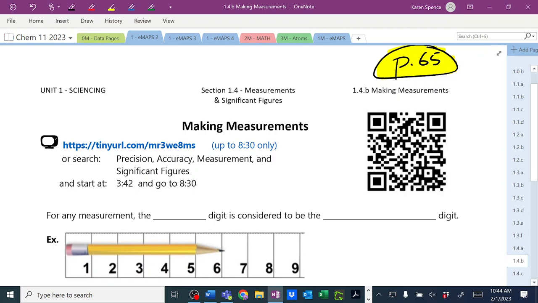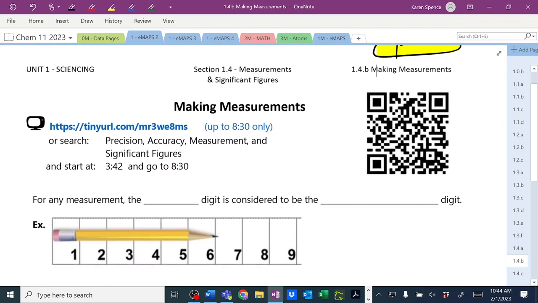So chemistry is all about making measurements, and if you have taken physics, you may have done significant figures already. Significant figures are all to do with measurements. If you don't know what a significant figure is, don't worry about it. You will learn very soon, okay? But the starting point for sig figs is making measurements.